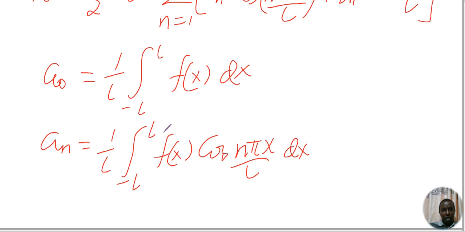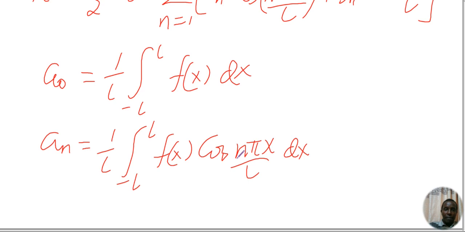And similarly, if f of x is odd, then f of x times cosine of n pi x will be a product of an odd function with an even function, resulting in an odd function, and again integration will give us 0, so that the value of an will also be 0.